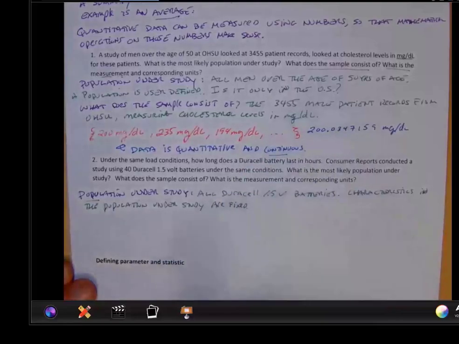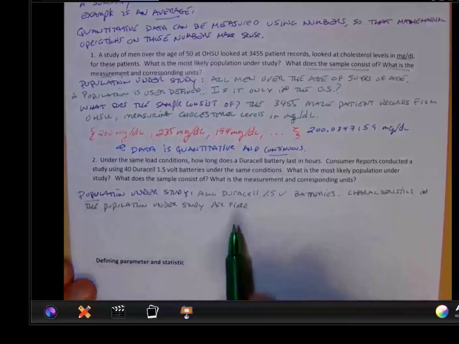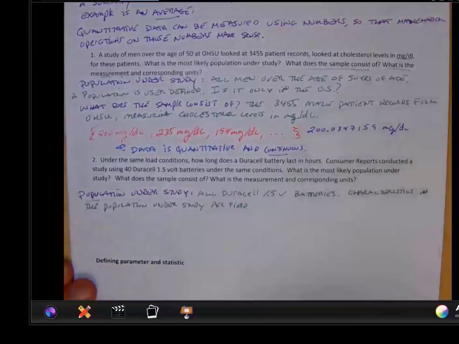So whatever's making up the characteristics of that population, those things are fixed. When we're doing battery production, we're assuming that the process used to create those batteries is staying the same. Of course, there'll be variability, but that's okay.